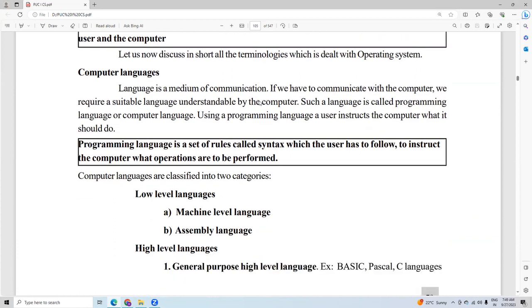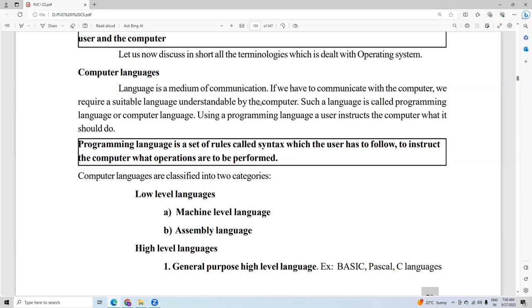The first one is computer languages. Here, language means what? See, even we use language to communicate with another person, right? The people who can't talk, what they do, they use symbolic language.